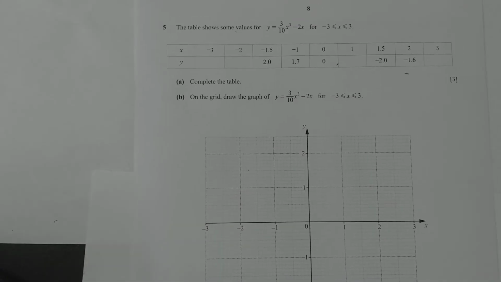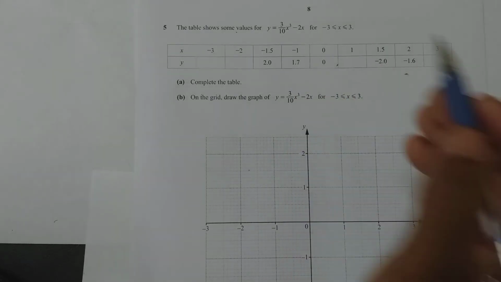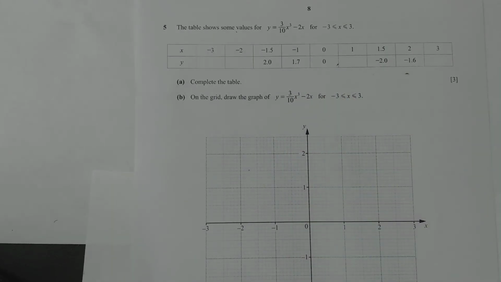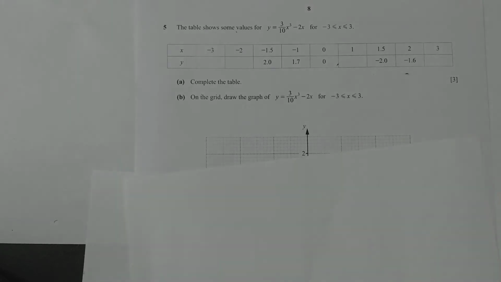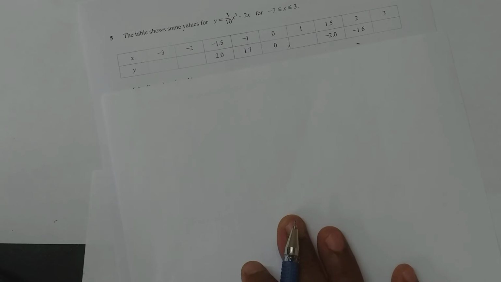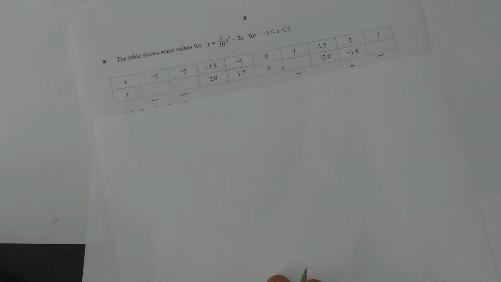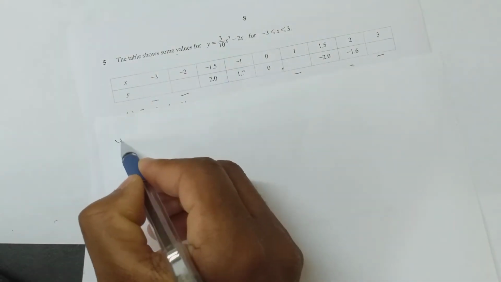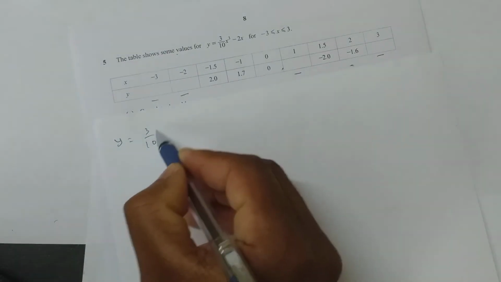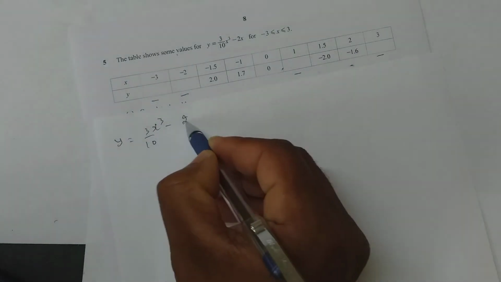Now next one. The table shows some values for y equal to this one. Now the values are missing over here, here, here and here. So how do I get a value over here? y equals 3/10 x cubed minus 2x.